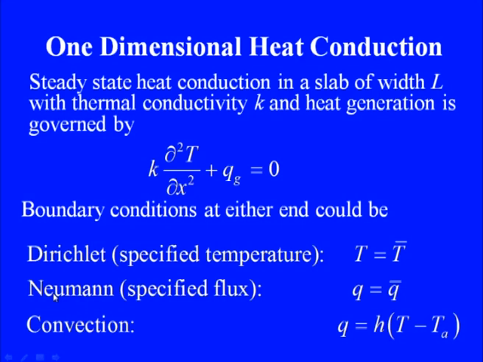We could have a so called Neumann boundary condition, which essentially means the flux specification Q is equal to Q bar, where this Q is K times gradient of T, and we can have convective boundary condition Q is equal to h (T minus Ta). Sorry, this Q is minus K times gradient of T from Fourier's law.